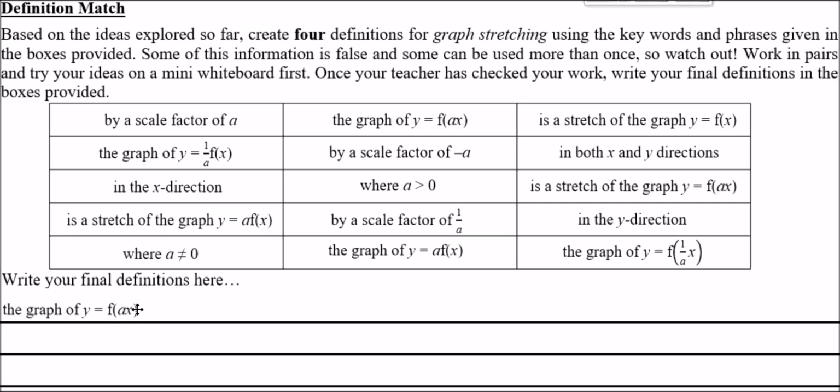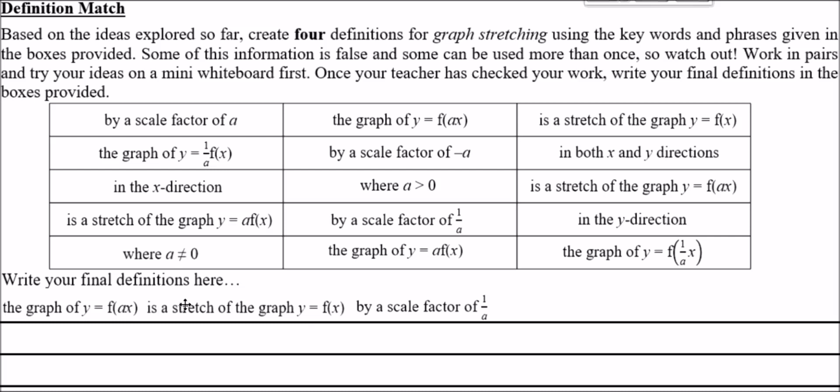So rather than the coordinates of x being multiplied by a, they get divided by a. So it's a stretch of y equals f of x, it's the first thing to mention. And it's going to be scale factor 1 over a. Rather than multiplying by a, we're going to be dividing by a, which is the same as saying timesing by 1 over a. Let's get this in a line.